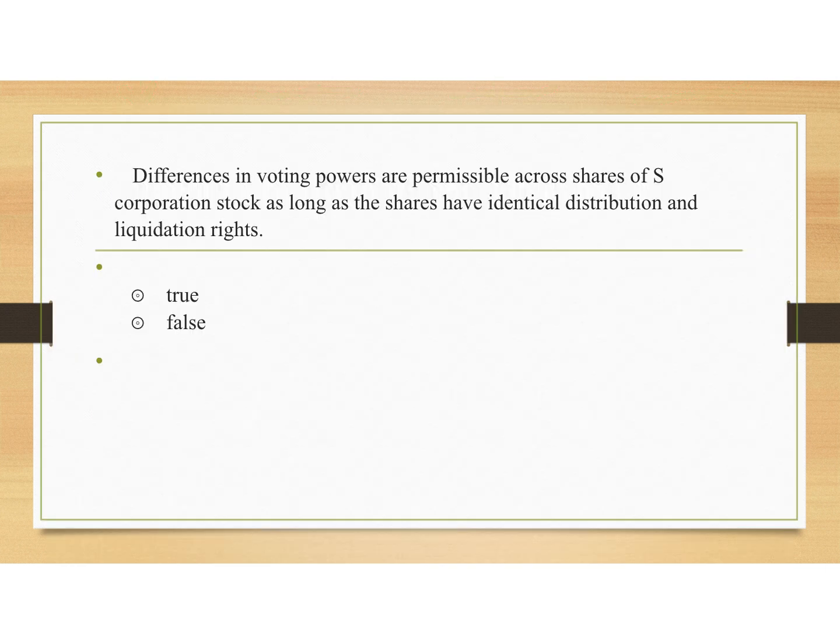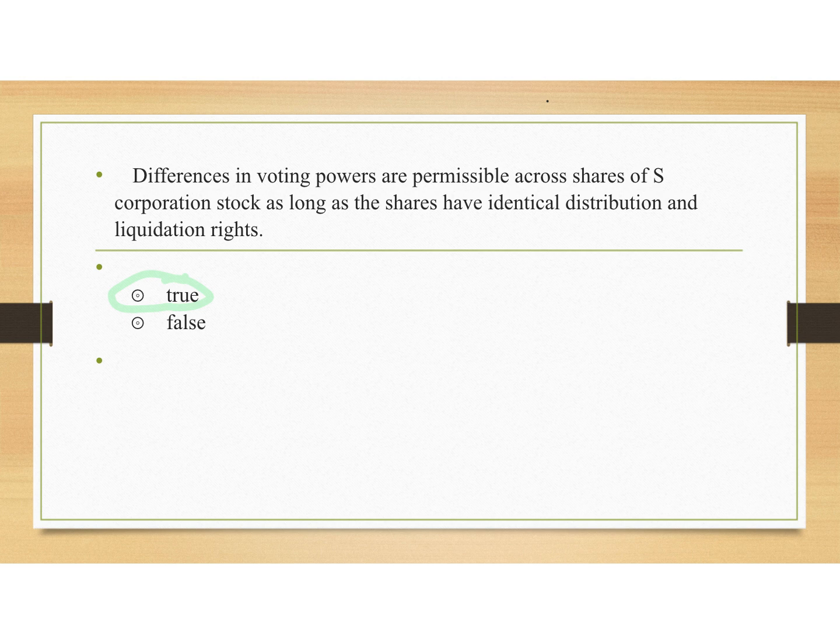Let's look at our first problem. Differences in voting powers are permissible across shares of S corporation stock as long as the shares have identical distribution and liquidation rights. This is true. Remember that to have an S corporation, you can only have one class of stock, and differences in voting powers are not a different class of stock.